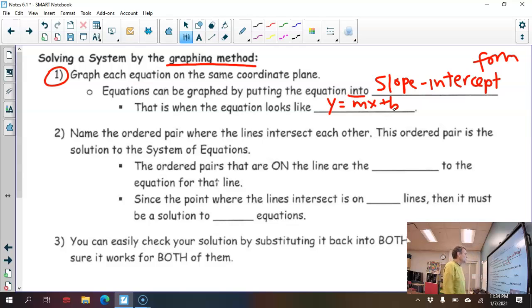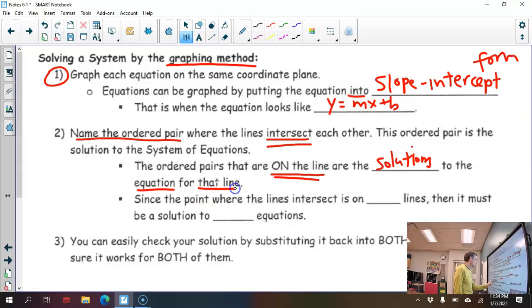So once you graph both equations, you're simply going to name the ordered pair where the lines intersect each other. This ordered pair is the solution to the system. And here's why. The ordered pairs that are on the line are the solutions to the equation for that line. I like to always say a line is just a picture of the answers to an equation.